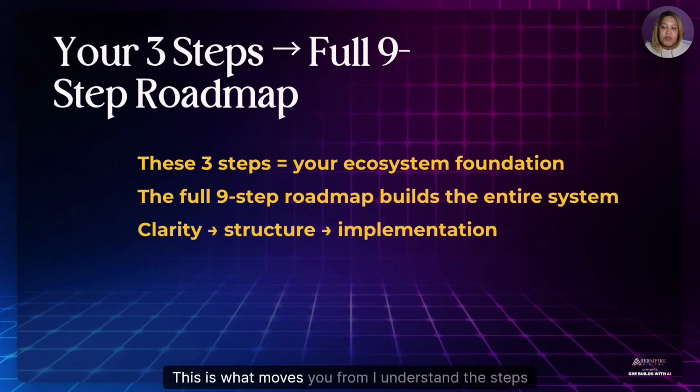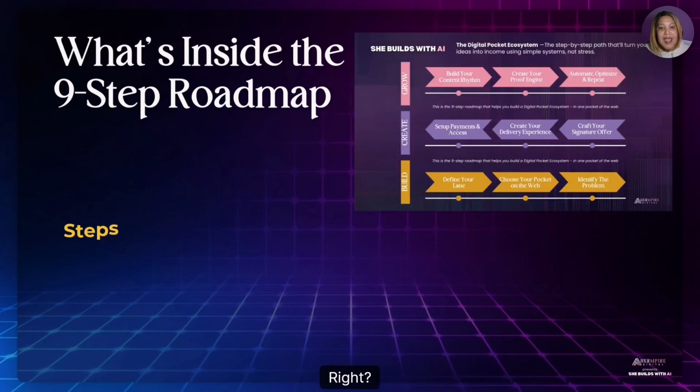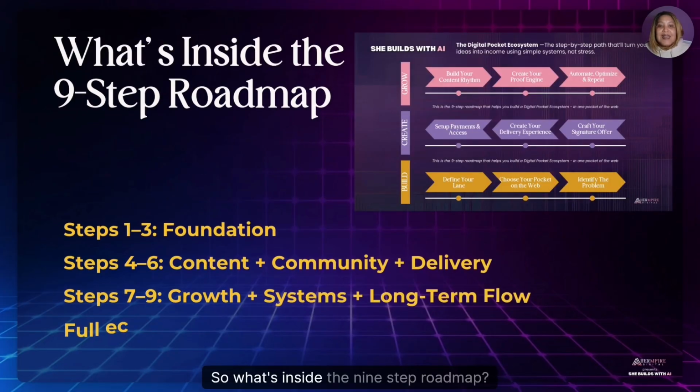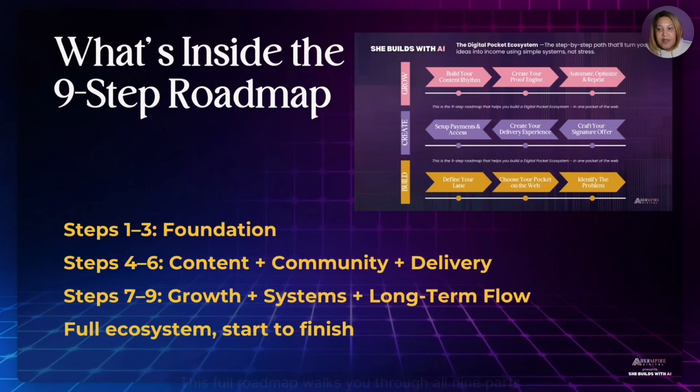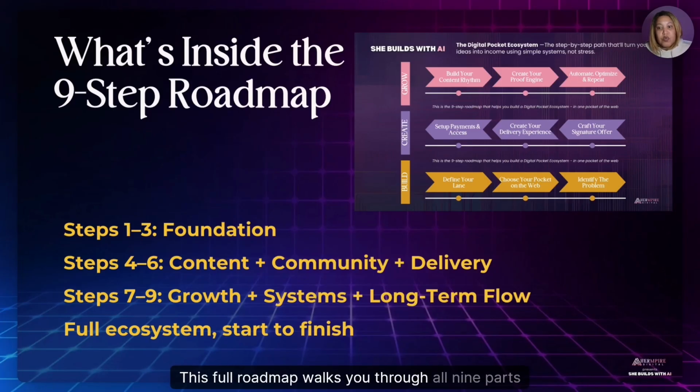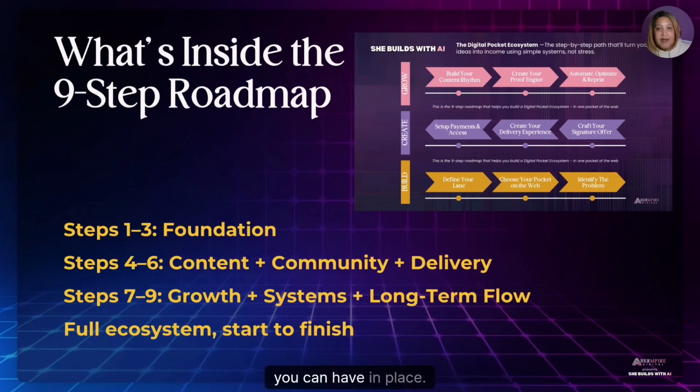This is what moves you from I understand the steps to I know how to build the whole ecosystem, right? So, what's inside the 9 step roadmap? This full roadmap walks you through all 9 parts of your ecosystem. Now, you've already gone through steps 1 through 3. You can do that totally on your own, without a shadow of a doubt. Steps 4 through 6 help you build your content rhythm and the delivery system that you can have in place.